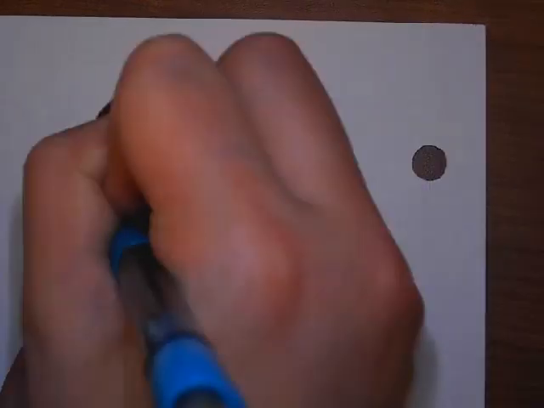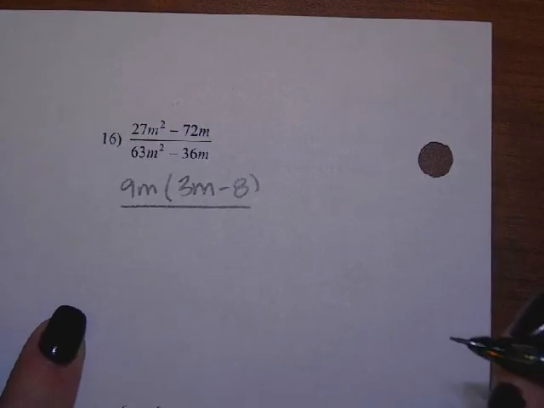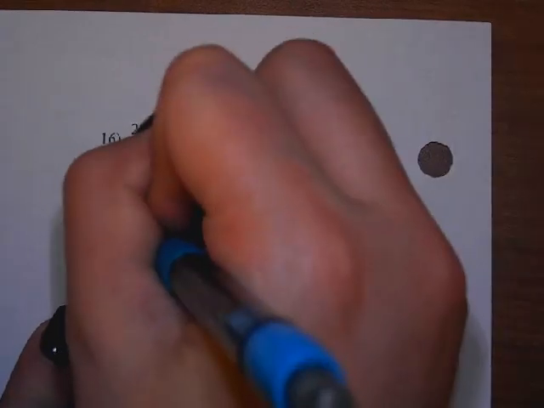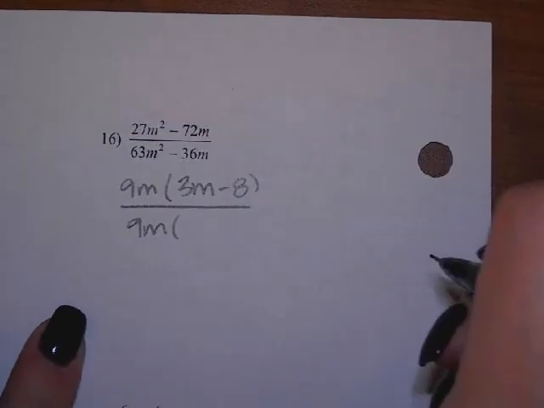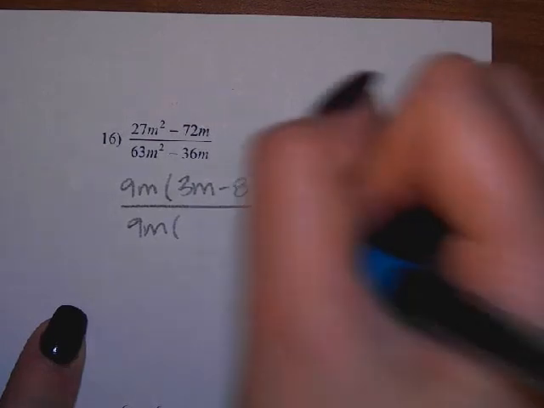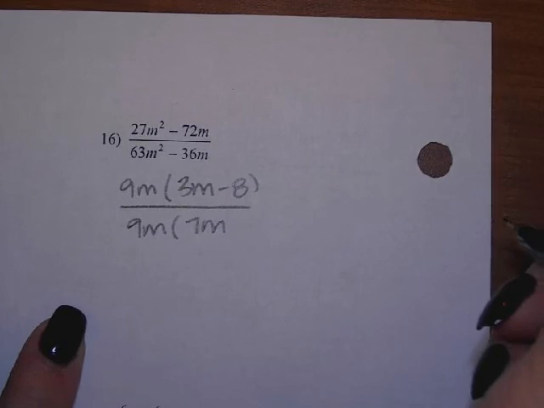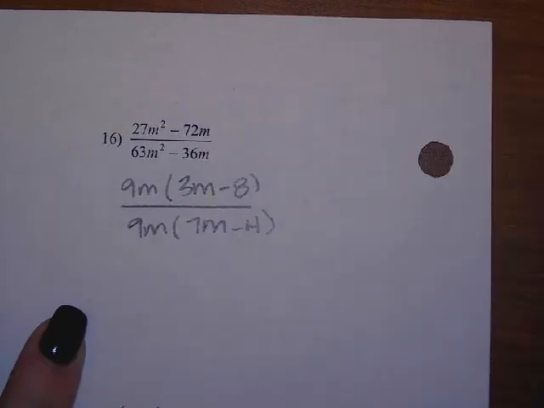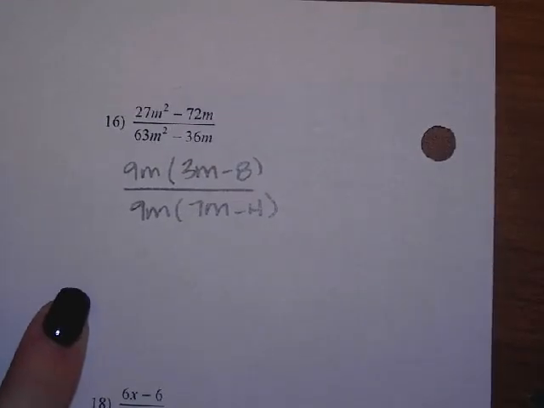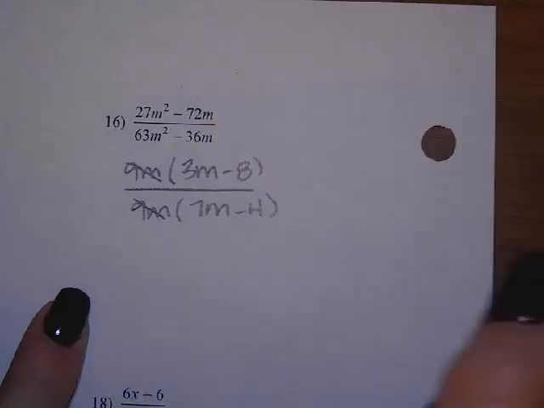Okay, and then what's the GCF on the bottom? 9M. 7M. Okay. And then what cancels? The 9M and the 9M.